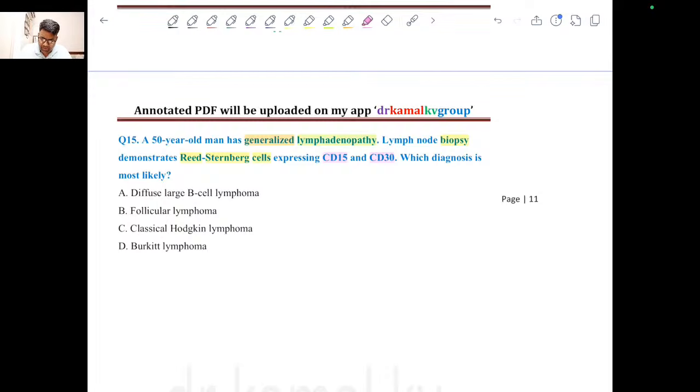So, generalized lymphadenopathy, and then RS cells positive for CD15, CD30. Yes, this is classical Hodgkin's lymphoma.